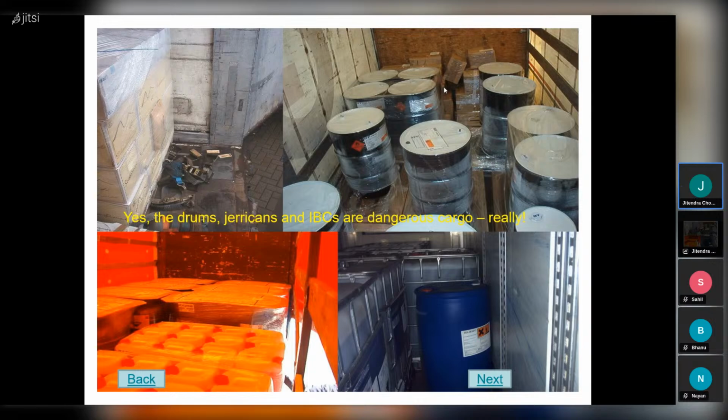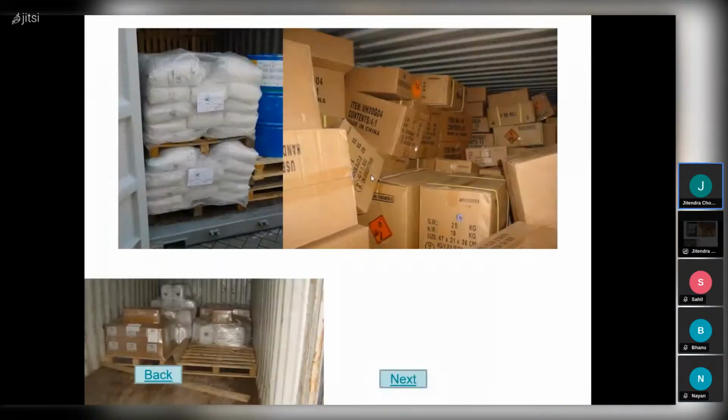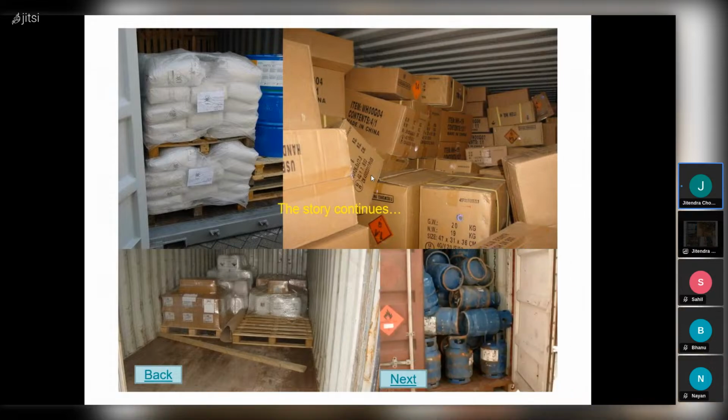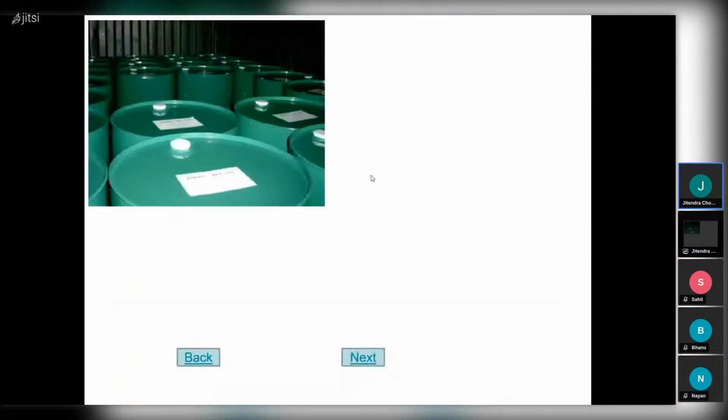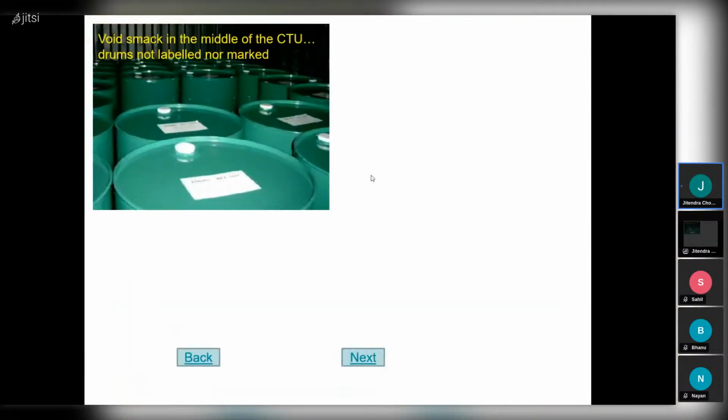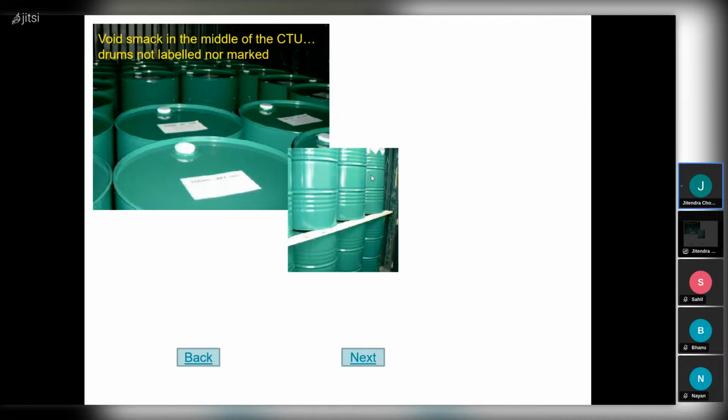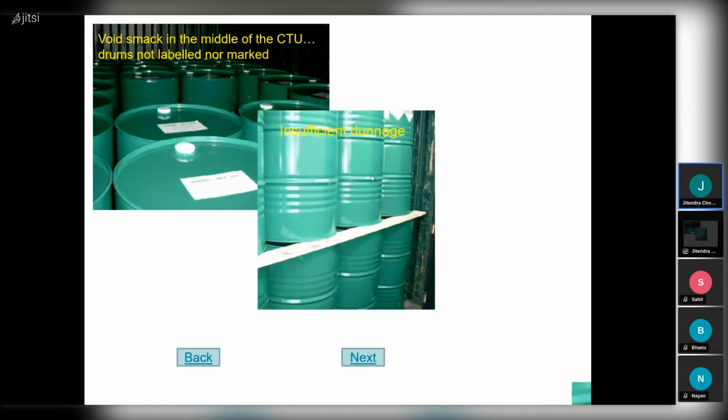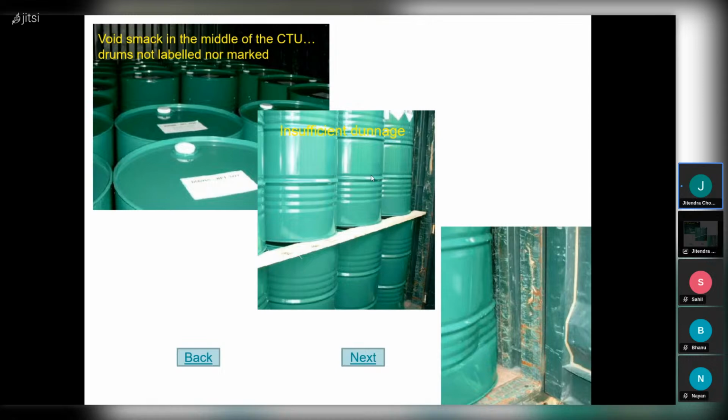So you see, these drums are not lashed properly inside the container, which can cause movement of the containers and damage. And there are so many bad storages of cargoes inside the containers. These are the examples. So many void spaces in the middle. The containers are not marked or labeled. No dunnage, insufficient dunnage or lashing. Drum is damaged.